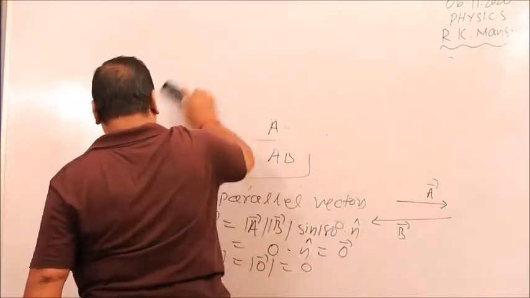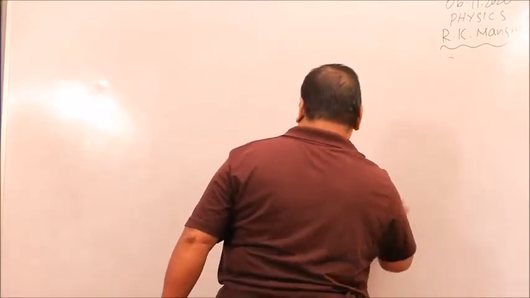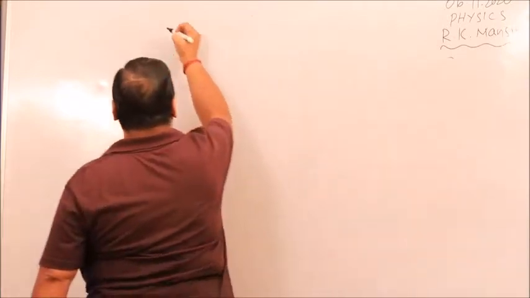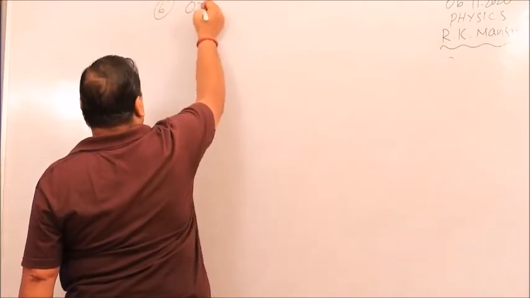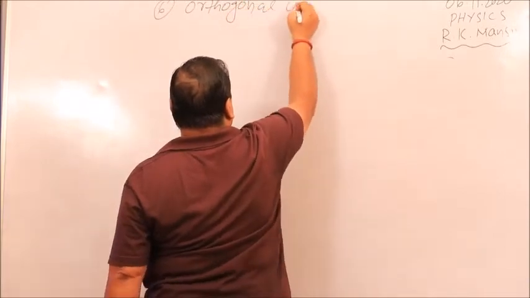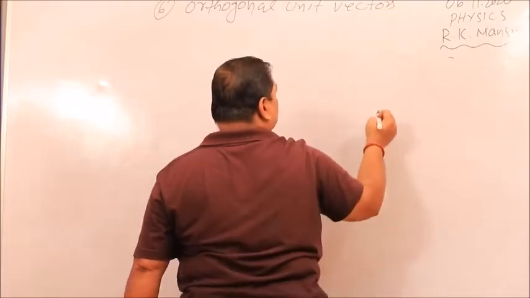Properties, that is orthogonal unit vectors. There are triads, 3 unit vectors, orthogonal unit vectors.